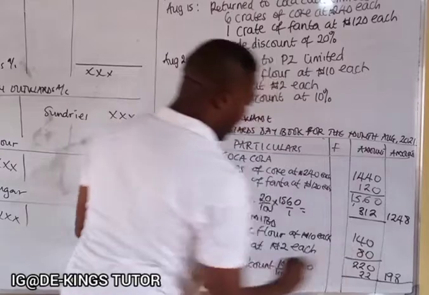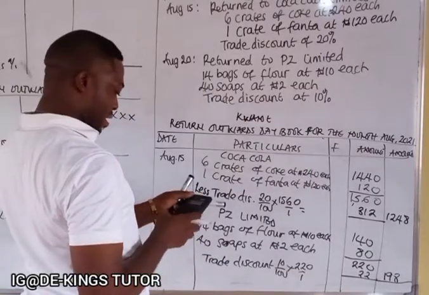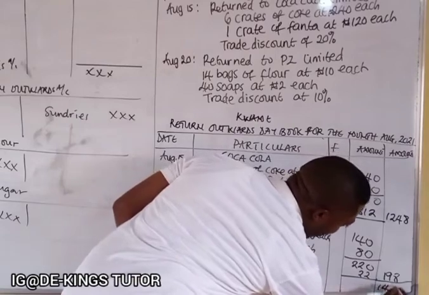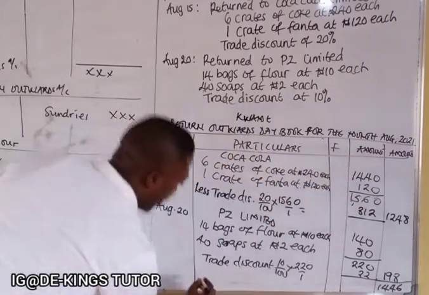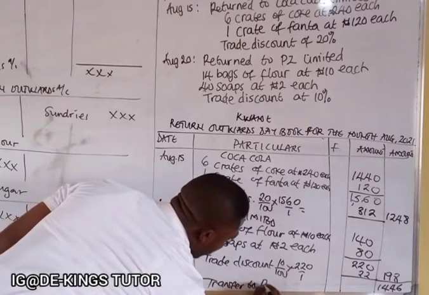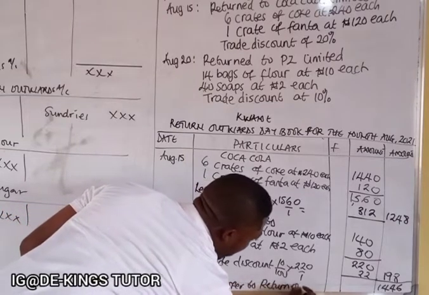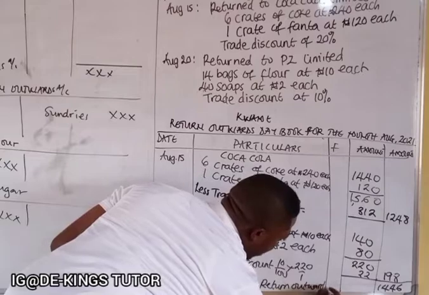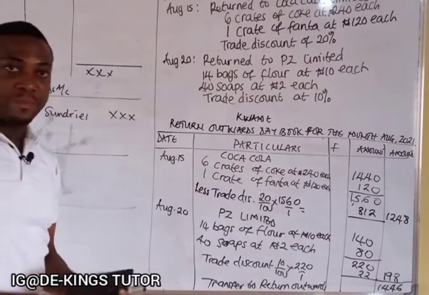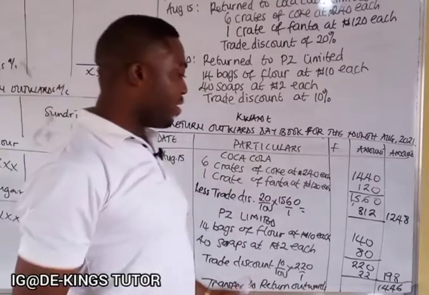If you add 198 plus 1,248, we'll have 1,446. That 1,446 is what we transfer to the return outwards account in the ledger. So this is how it will look.